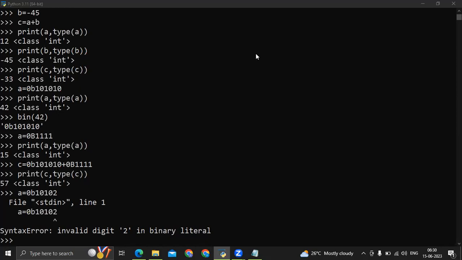I have already told you that these number systems come under the integer data type. It is in the integer class.